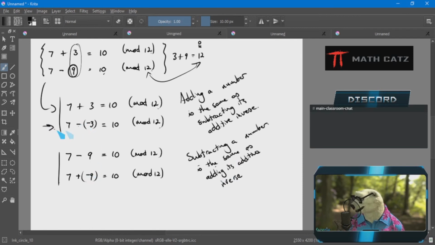This is a subtraction. There's always an equivalent addition by just appropriately changing that second number. So mathematically speaking, there is no subtraction, because any subtraction concept can be rewritten as an addition.